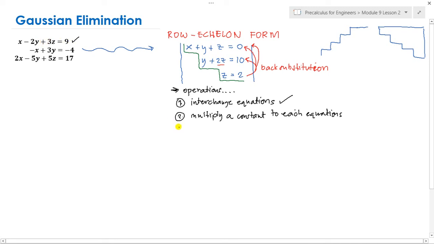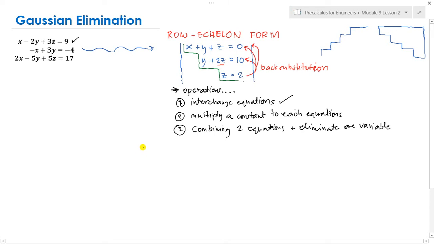And then the third operation is you can do elimination, or we can say combining two equations and eliminating one variable. You combine the two equations and eliminate one variable, and it is still equivalent.